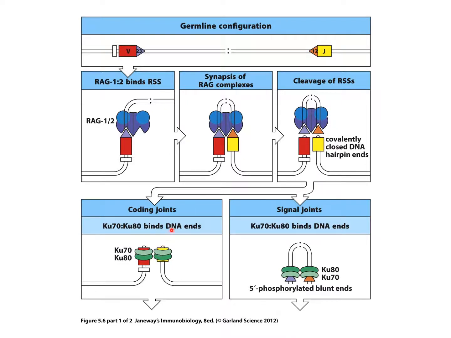And then you have open ends. Now, what I don't expect you to know is Ku70, Ku80, which are part of this big VDJ recombinase, holds the V, holds the J sequence. Then you have its complement, Ku70, Ku80, holding the 23-mer, 12-mer.